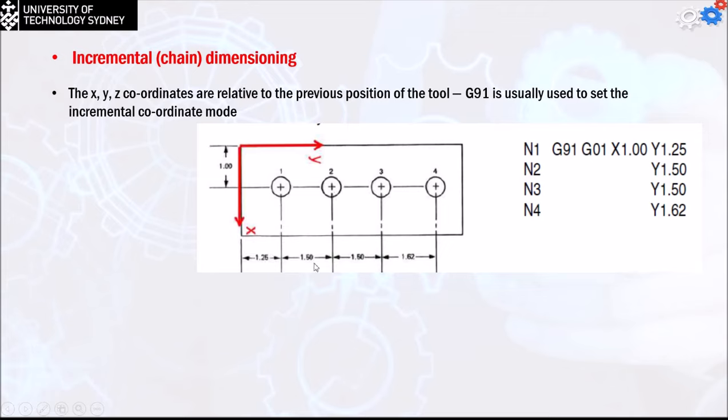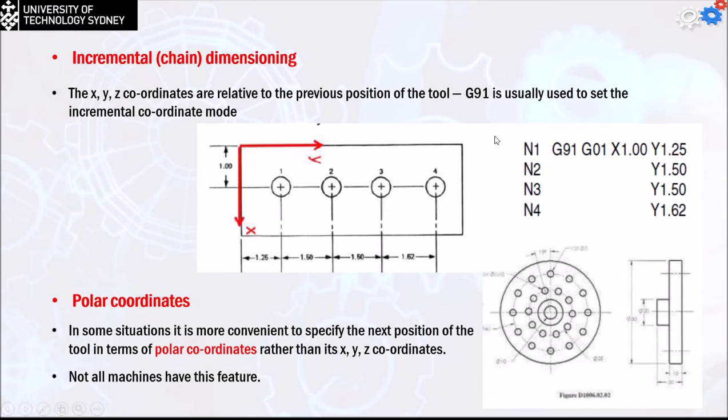Then the next point is referenced from the last position, so we're only going to move y by 1.5. Then the third one from the 2 is 1.5, and the fourth is from the third by 1.62. The code we're using in the case of incremental is G91, as you can see here.